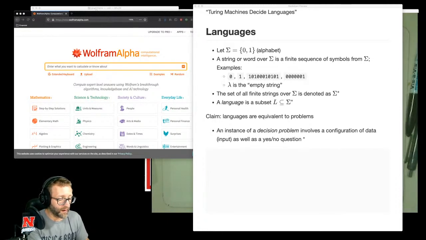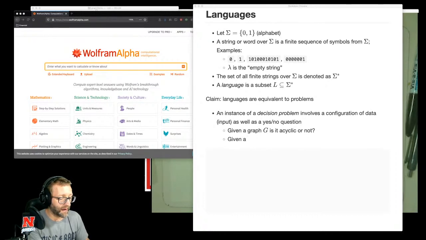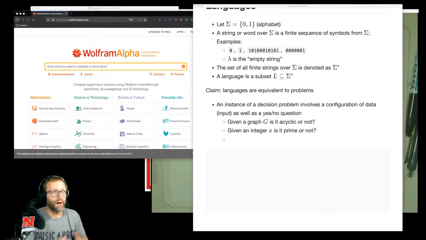Another example would be: given a graph G, is it acyclic or not? In other words, is it a tree? Given an integer x, is it prime or composite? Given a graph G, does it contain a Hamiltonian cycle or not? These are all decision problems because they all have yes or no answers.